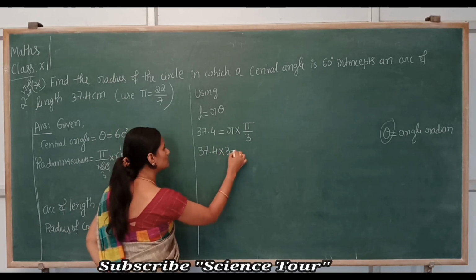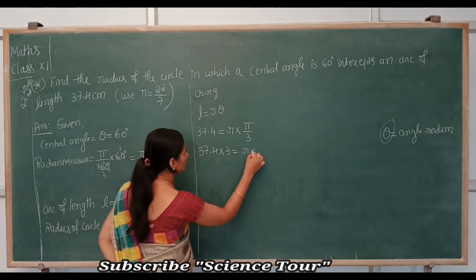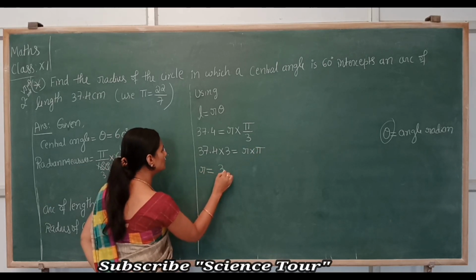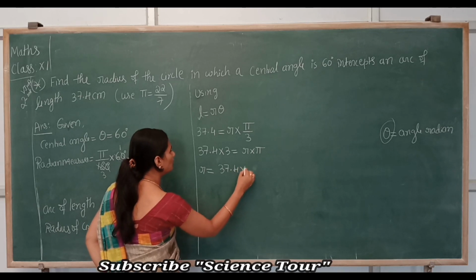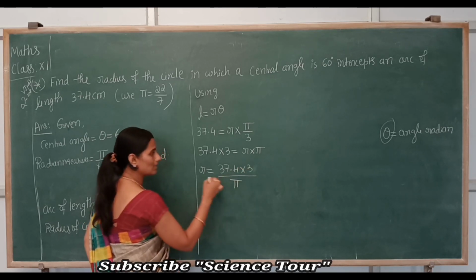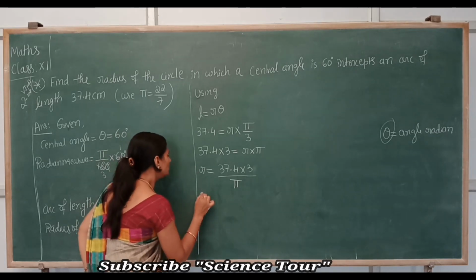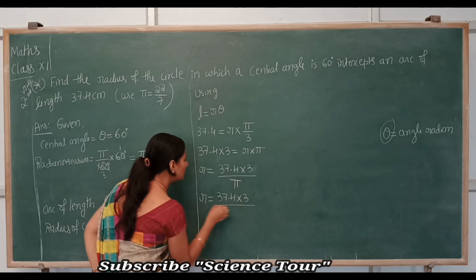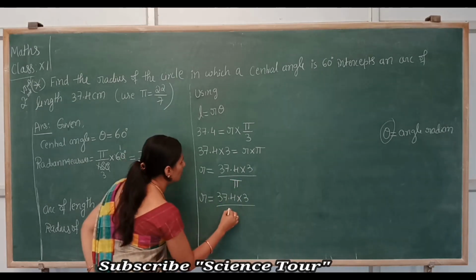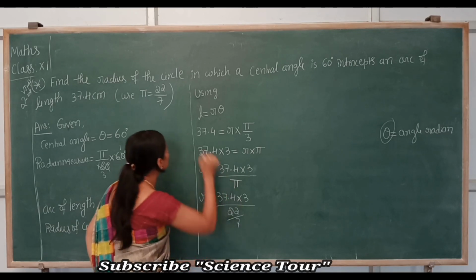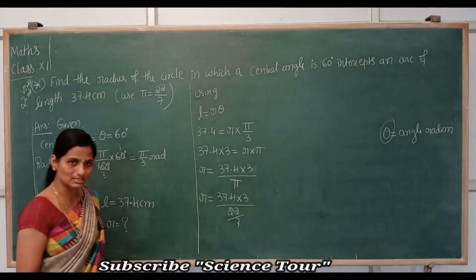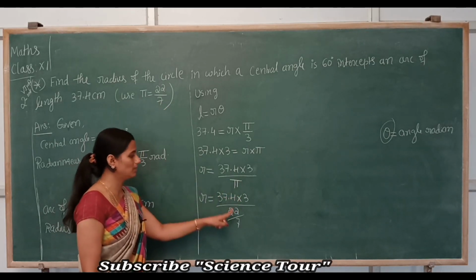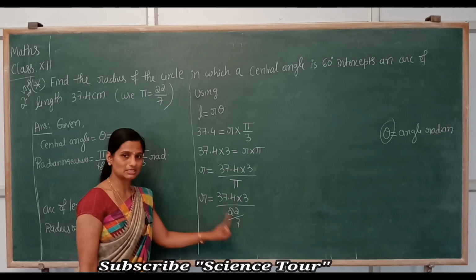37.4 into 3 is equal to R into pi. I need R is equal to 37.4 into 3 divided by pi. The simplification already you know, right? So R is equal to 37.4 into 3 divided by, use the pi as 22/7. So use pi 22/7 itself. Don't substitute 3.14. It is given pi should be written as 22/7, should use that.